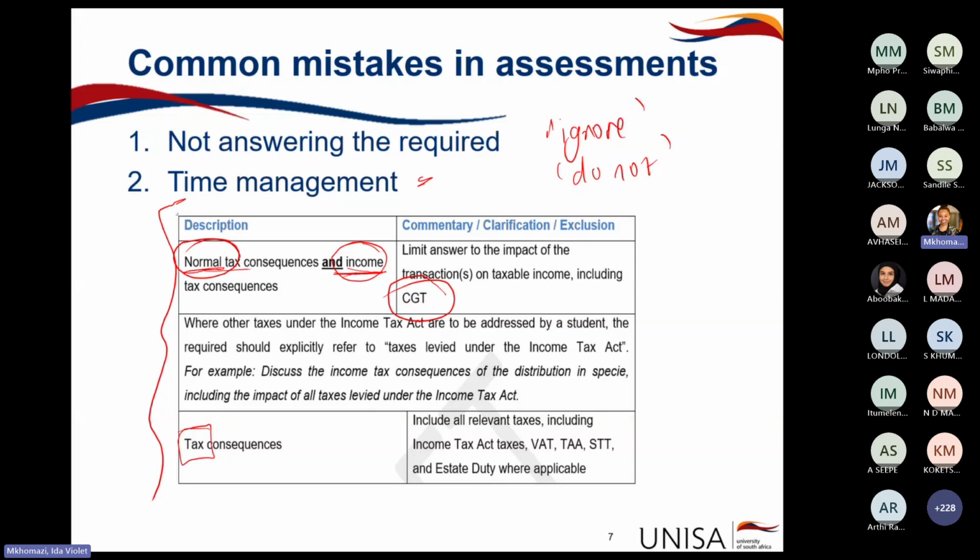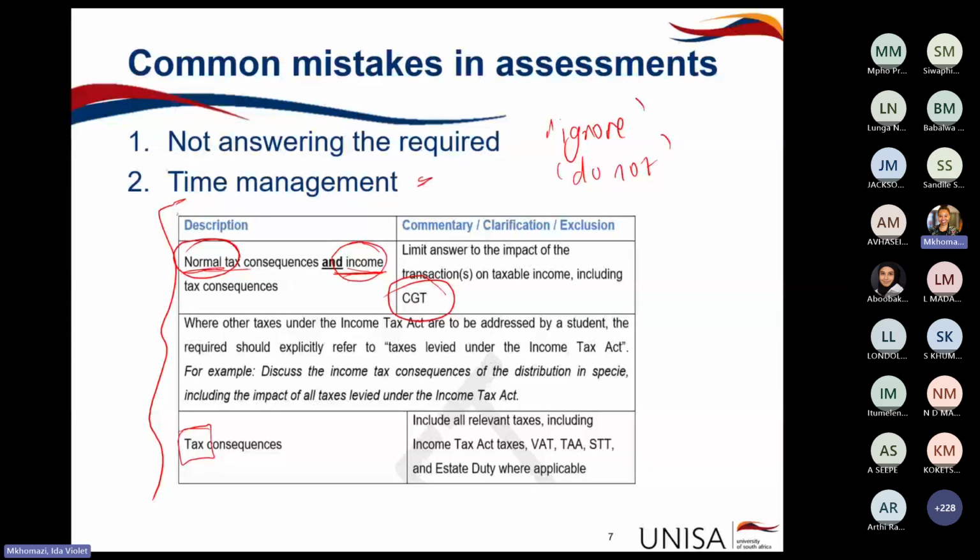It means that you need to give us all the different types of tax implications that are applicable to that scenario. These may include your income tax, dividends tax, VAT, donations, etc. You will be guided by what's in the scenario and also by the number of marks. So if we say, give us all the tax implications, but ignore VAT or ignore a certain type of tax, then you do as you are required.